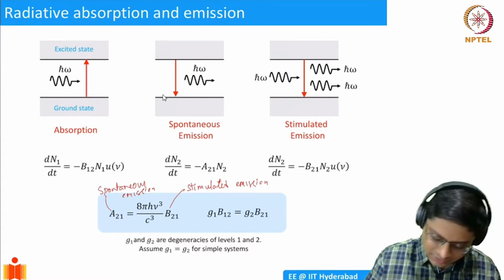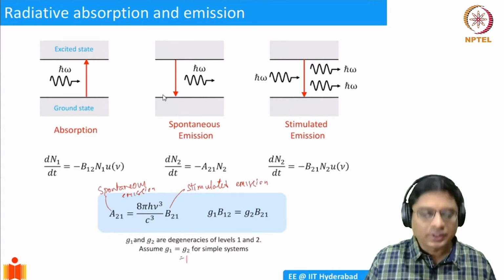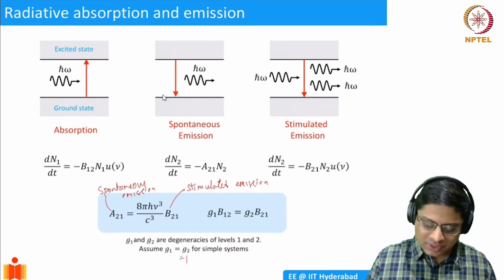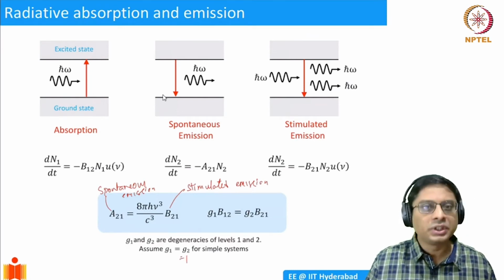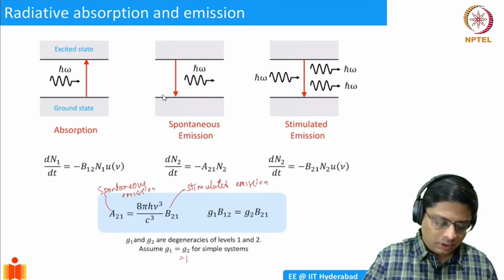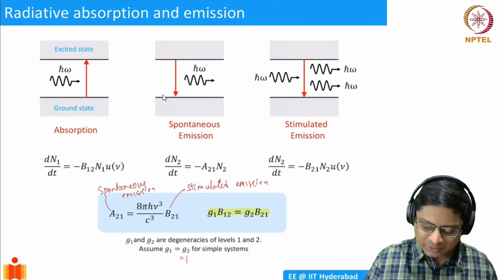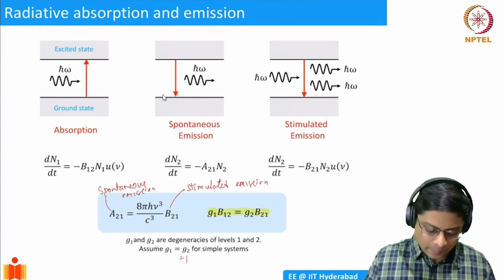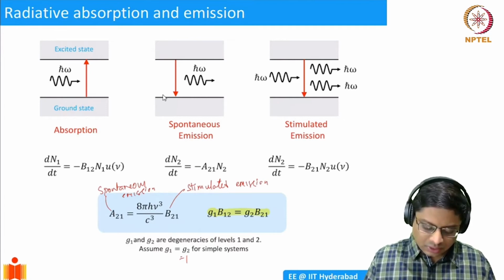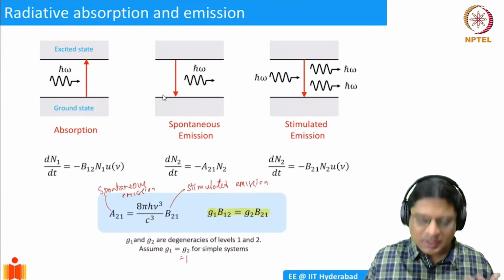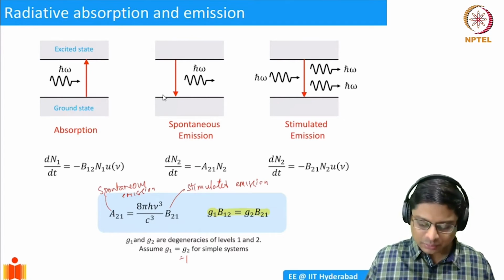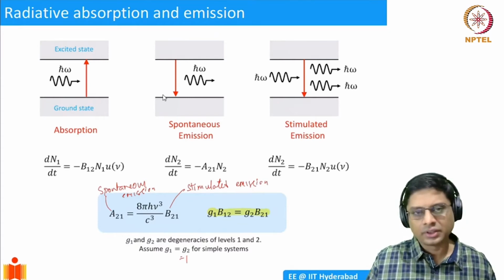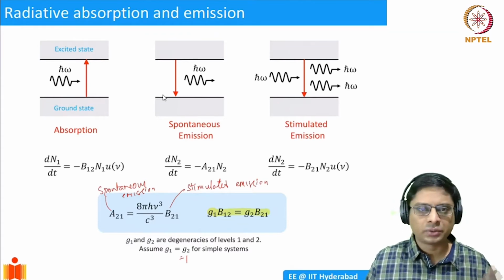So essentially B12 equals B21. This is going to hold for most systems unless specified otherwise. So if you know, let's say B12, you can determine both B21 and A21. Any one coefficient is what you need.